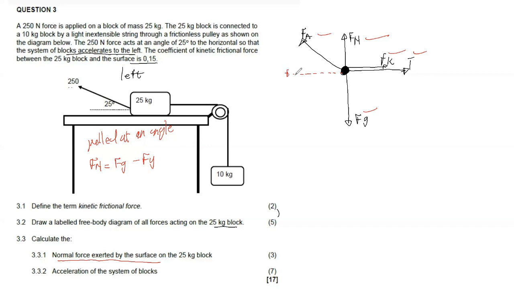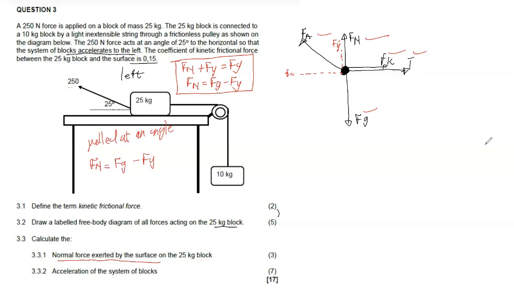If you have your Fx like this, and then your Fy going upward since it's being pulled, then that's your Fy. Now, if you have to equate again, this is Fn plus Fy is equal to Fg. If you leave your normal force as the subject of the formula, this is where we derive the formula from. So that's Fn is equal to Fg minus Fy, right?